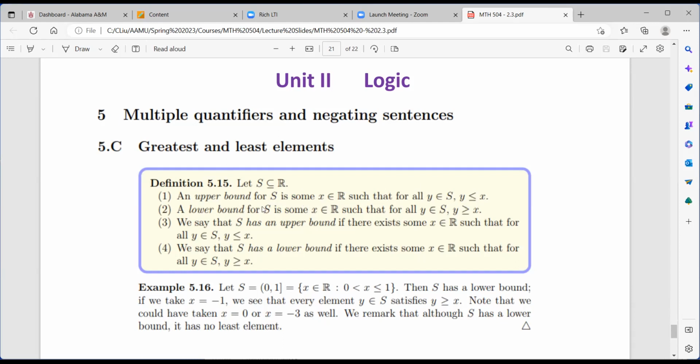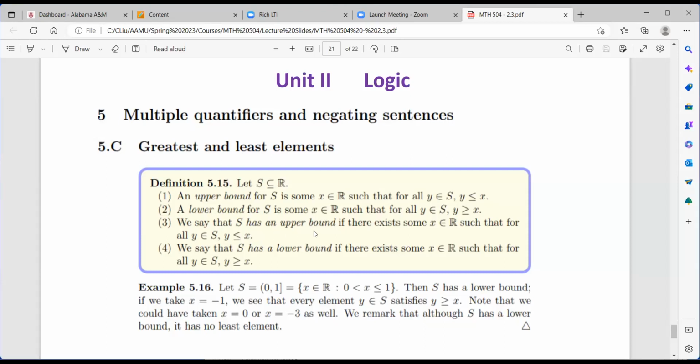All right. Similarly, we can define lower bound for S if there is some real number such that all the numbers in S are greater than or equal to that number x. So the lower bound is less than or equal to all the numbers in S. Correspondingly, you can say that S has an upper bound if there exists some real number x such that for all the numbers in S, they are less than or equal to this x.